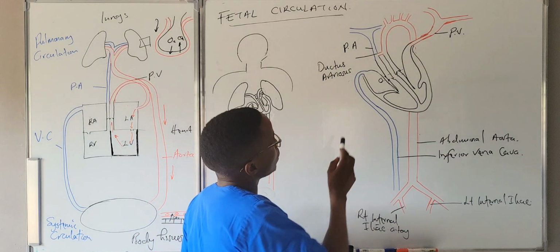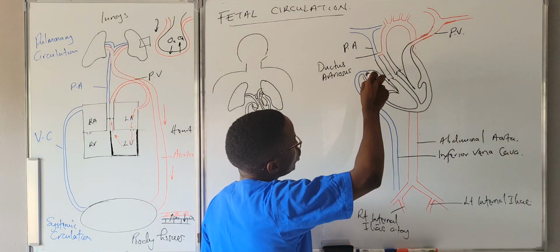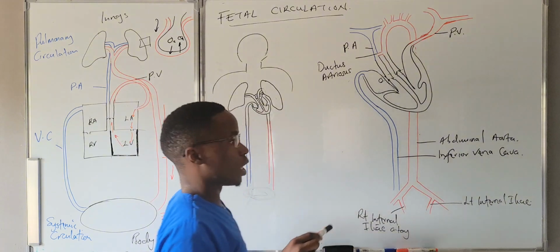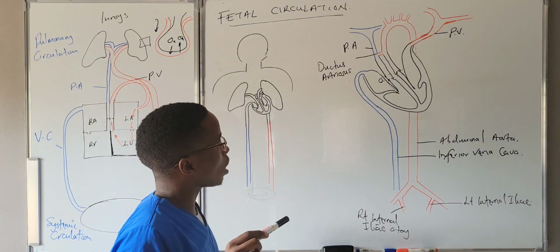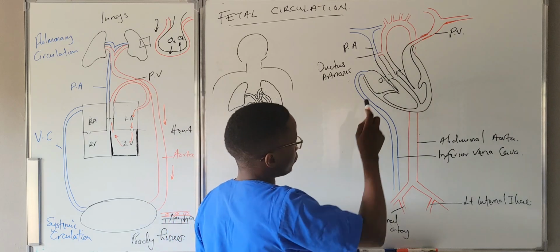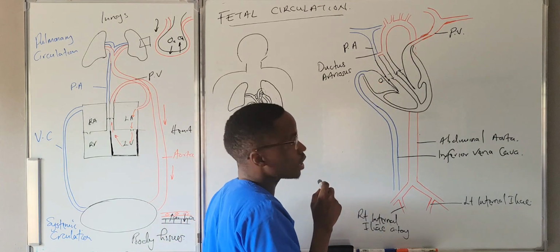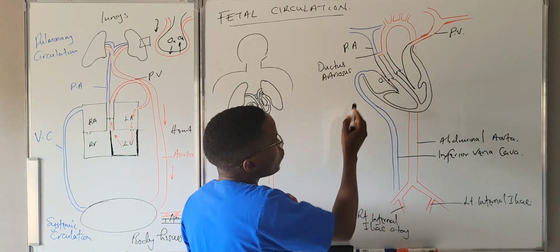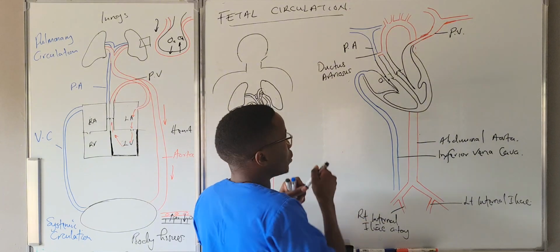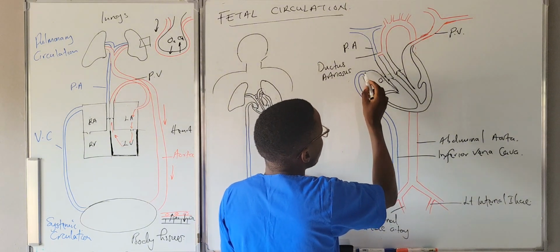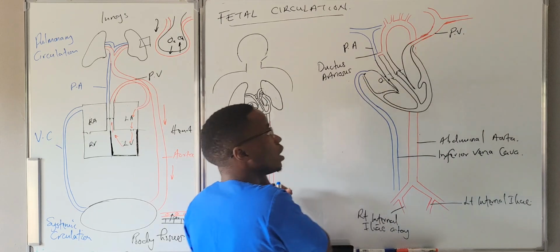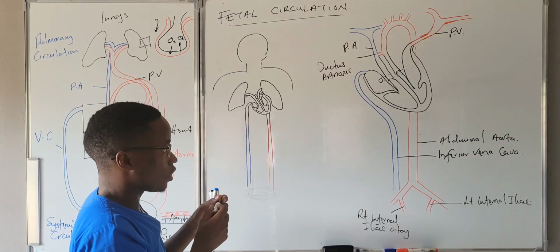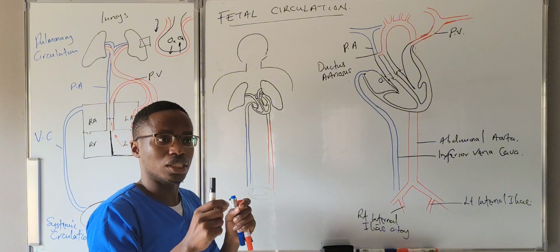When blood enters the right atrium, some of it is directed by the eustachian valve, which sits just at the point where the vena cava joins the right atrium.